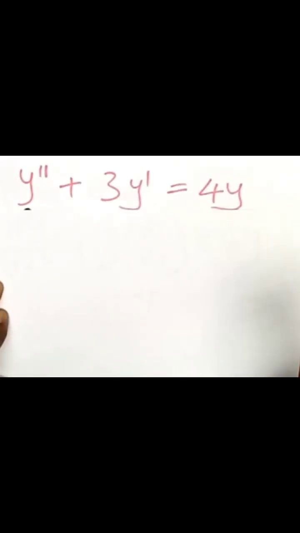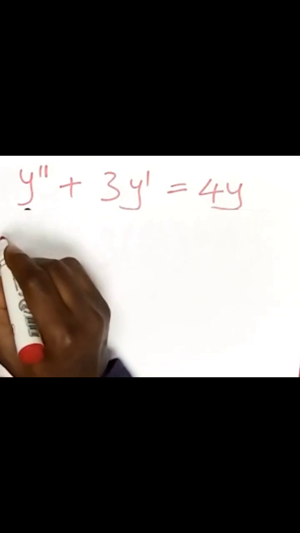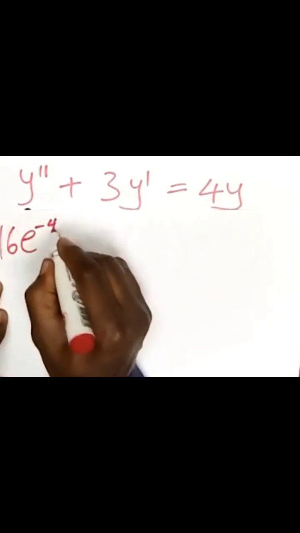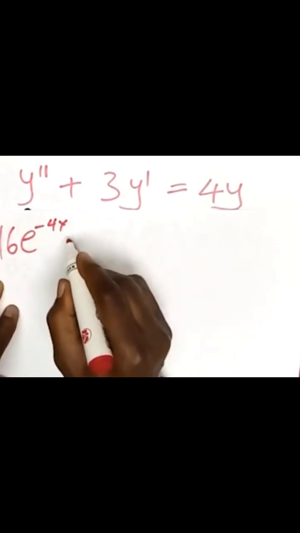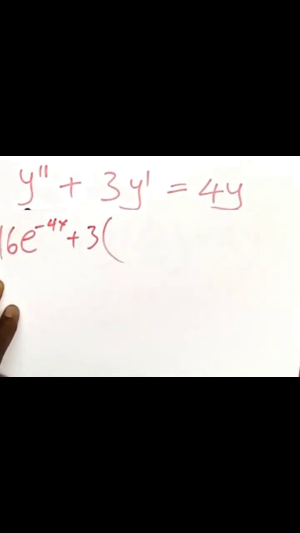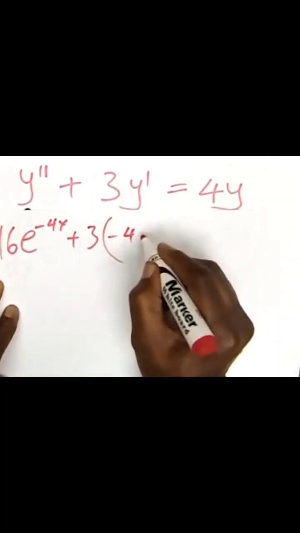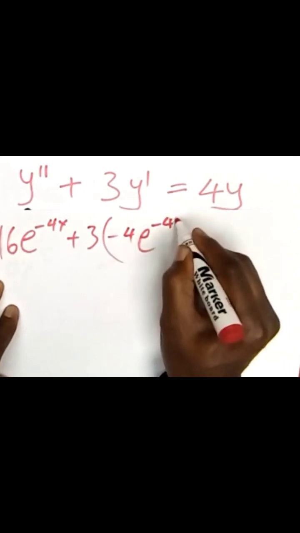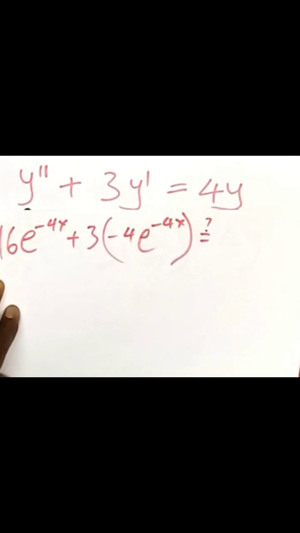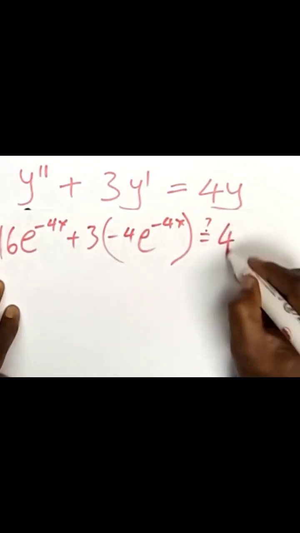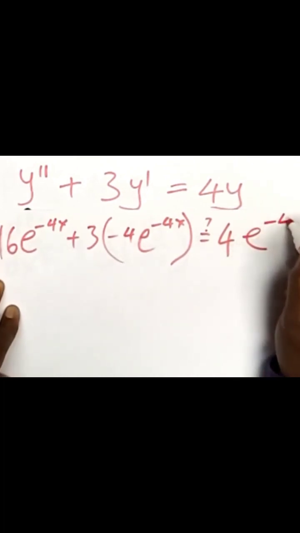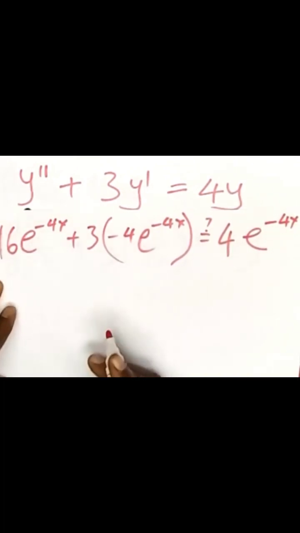So with the answers we already got, we saw that y prime prime is the same thing as 16 e raised to power minus 4x plus 3 into y prime, which is minus 4 e raised to power minus 4x. We want to find out if this is equal to 4 times y.